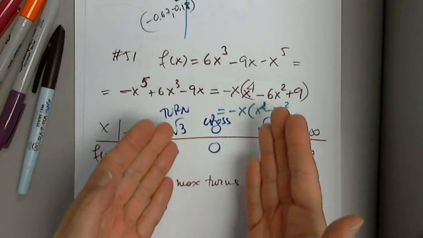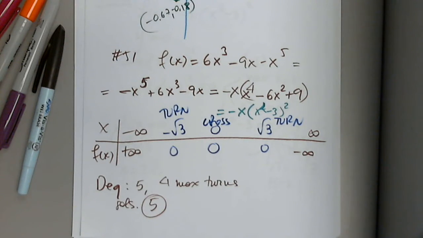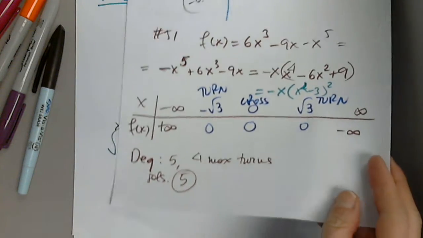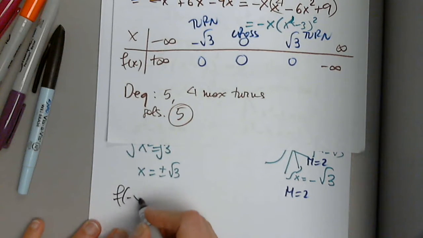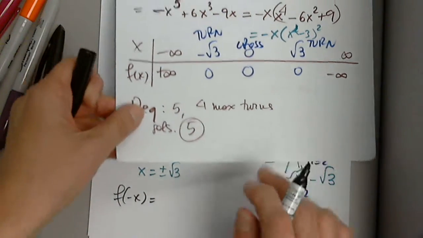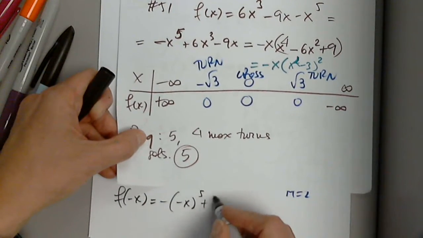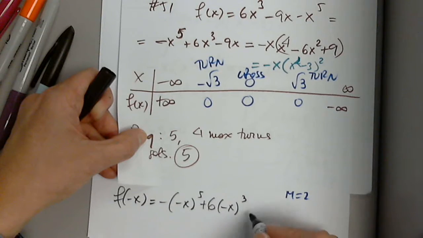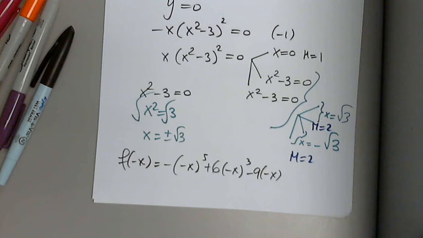When I see something happening similar and cross at 0, this time I have to find f of negative x. Let's find f of negative x. Negative x to the fifth plus 6, negative x to the third minus 9 times negative x. Wait, why did I do that? For symmetry, odd or even.